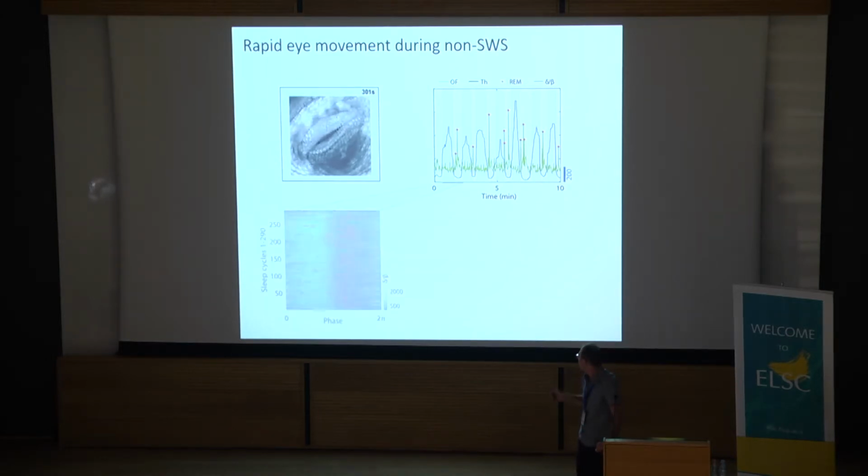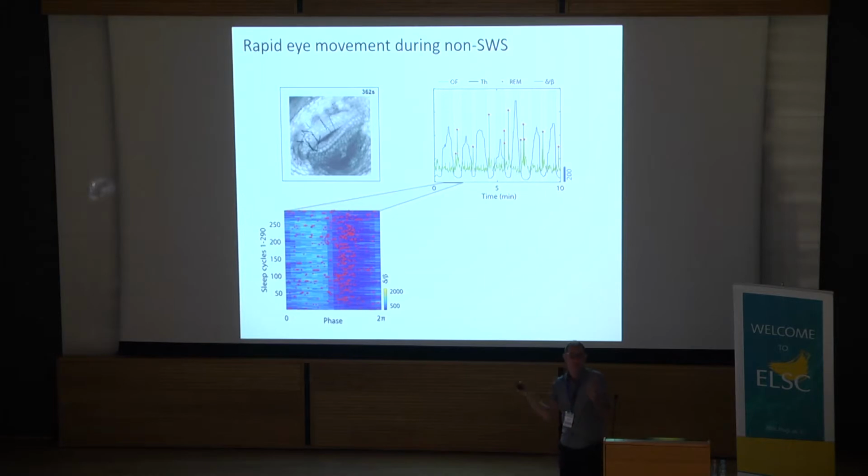And to really quantify this, you take now all these oscillation cycles throughout the night. So we have 300 of them or so. And this is what you see here. So each row is one cycle. The color code is for this delta to beta ratio. And the red dots are these eye jitters. And you can clearly see that these jitters fall on one of the phases of sleep, specifically the one that is similar to REM sleep.